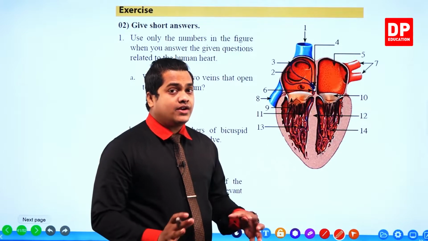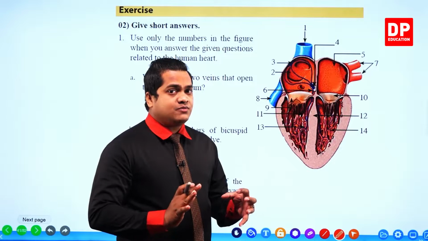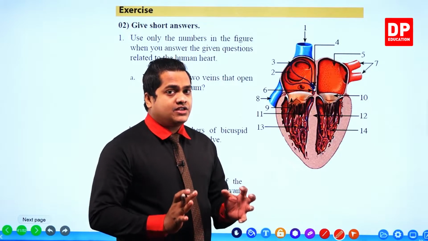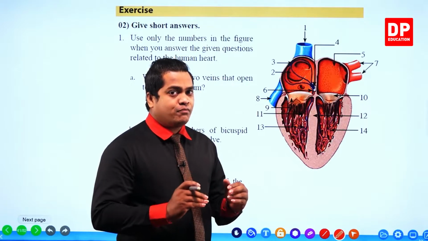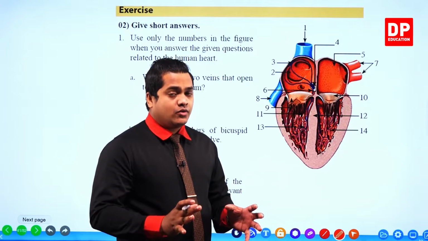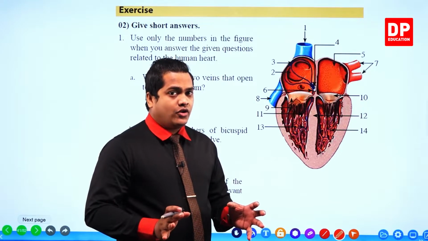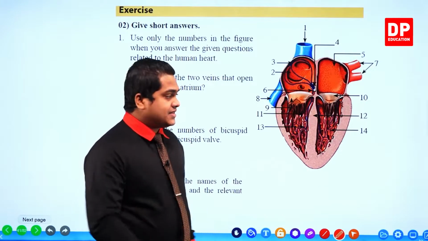The thickest wall contains the left hand side because the left hand side carries more pressure. It contains more pressure because that's the side which is going to pump blood towards the body parts of our body. Okay, so therefore, my dear children, go for the thickest side.